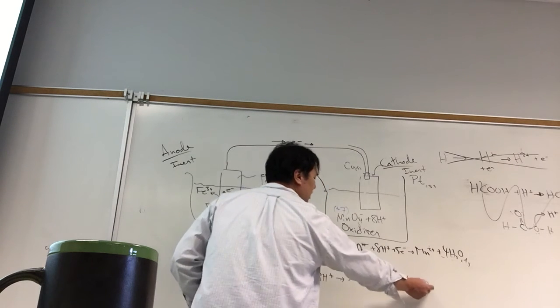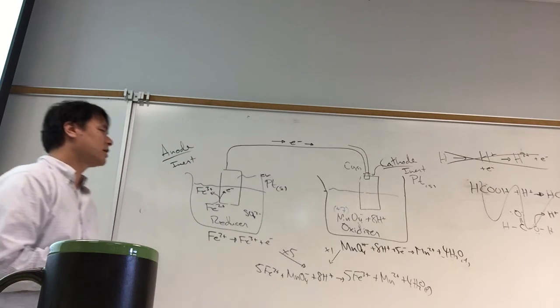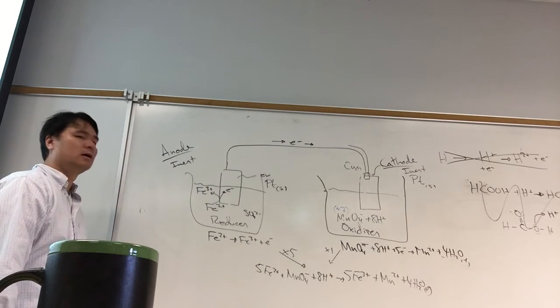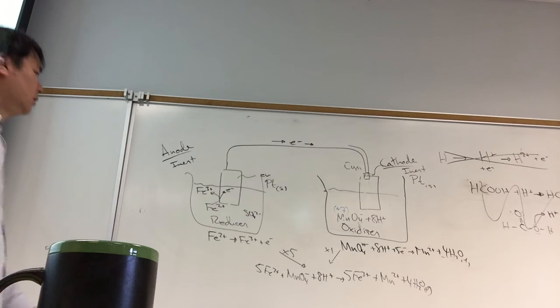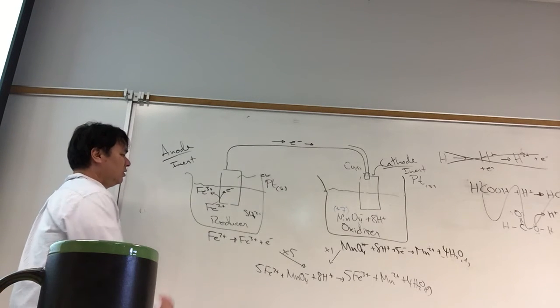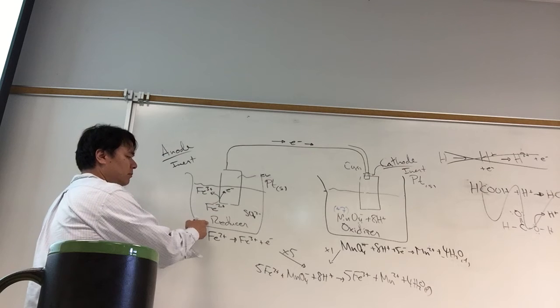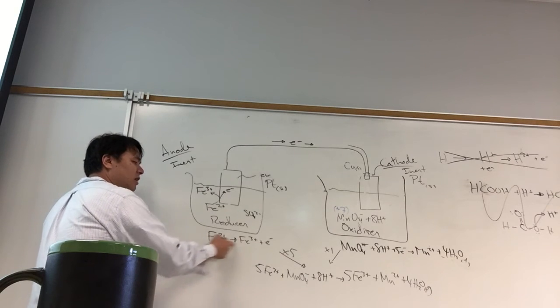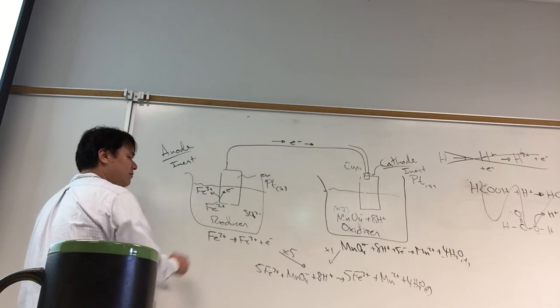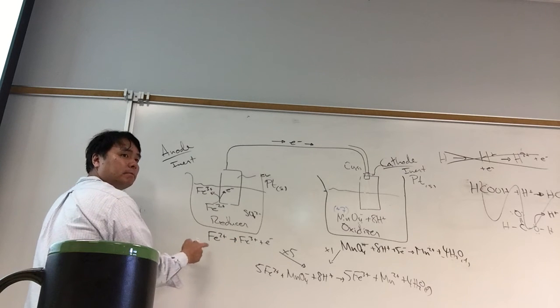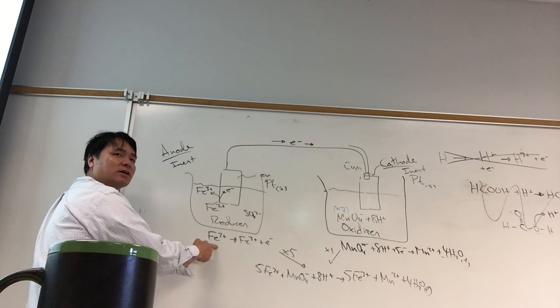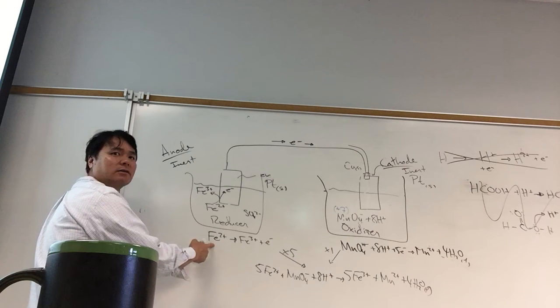And so this is the net reaction that's occurring here, but the reaction is happening in 2 separate places. Over here at the anode, we have the reducer. And when we have the reducer, what kind of reaction is this? This is called a half reaction. Is that a reduction half reaction or an oxidation half reaction?